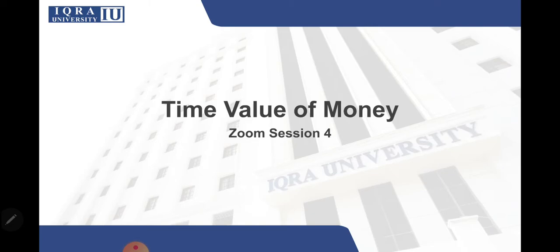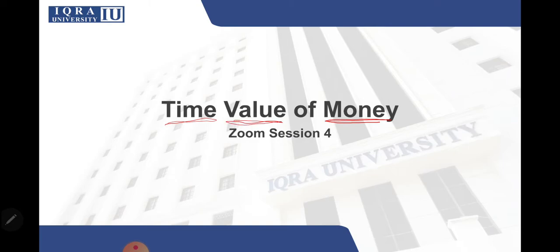So what can you understand by just looking at the heading? You can see that we have the word time and we have the word money, and also the word value over here.